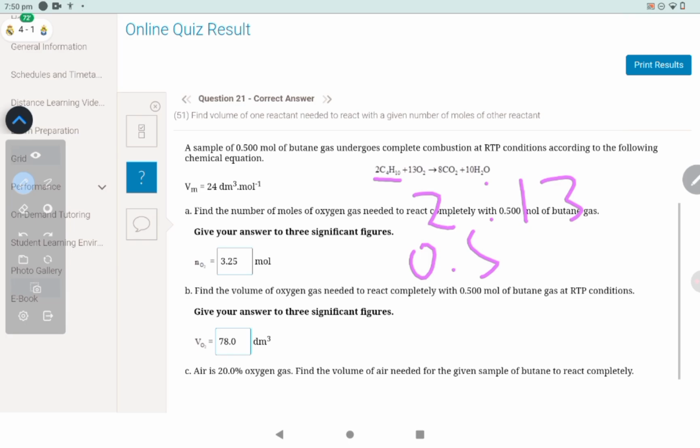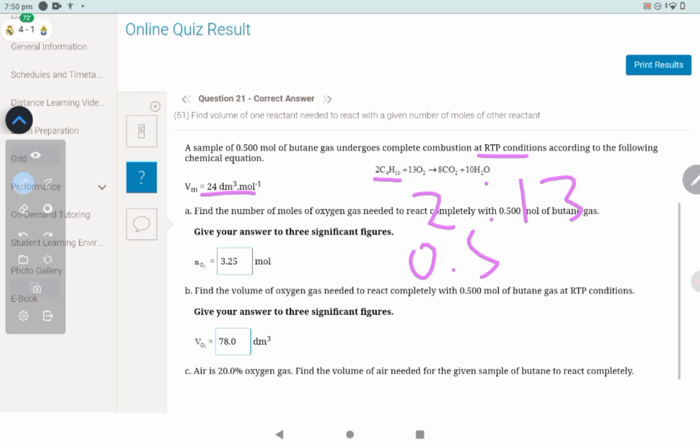Okay, we found the moles, we need to make it into oxygen volume. So to make it into volume, we have the condition RTP. RTP is 24 decimeter cube per mole. Okay, so we have to multiply 3.25 by 24.